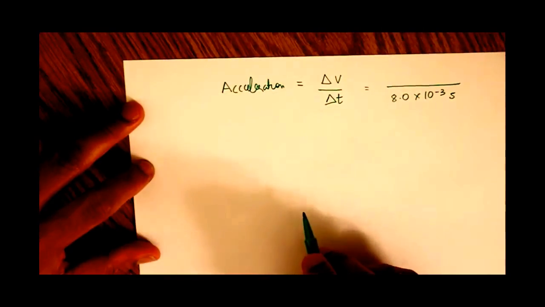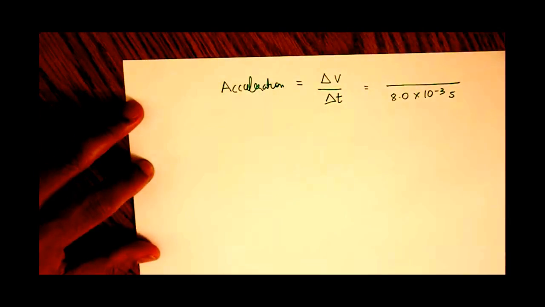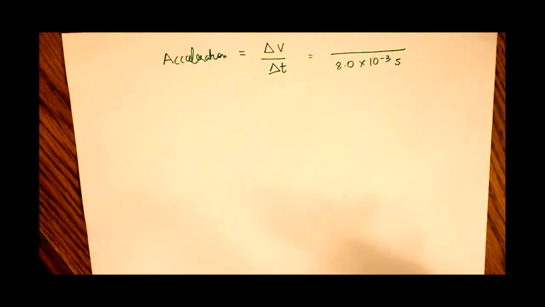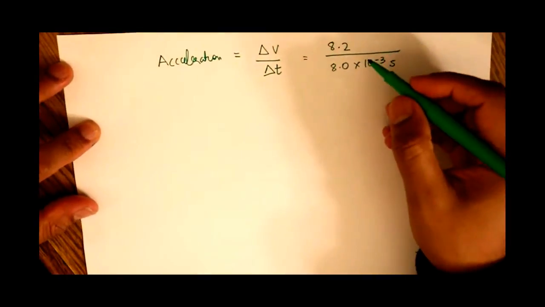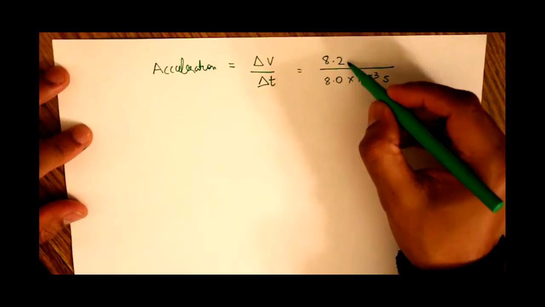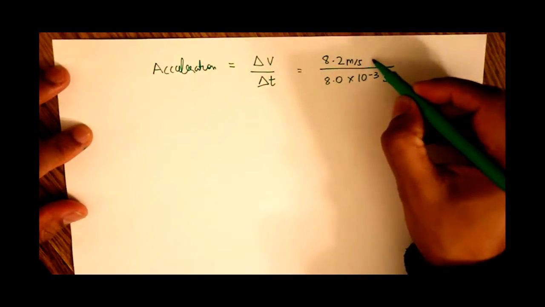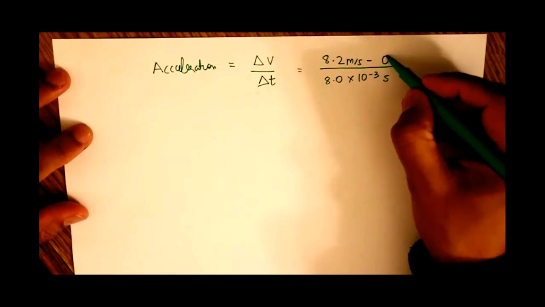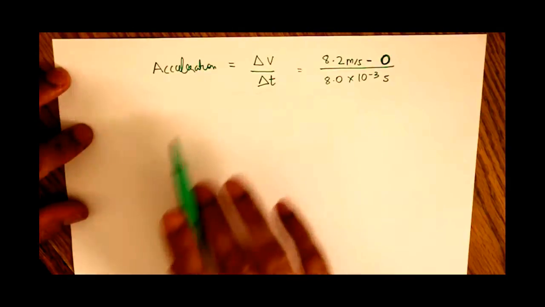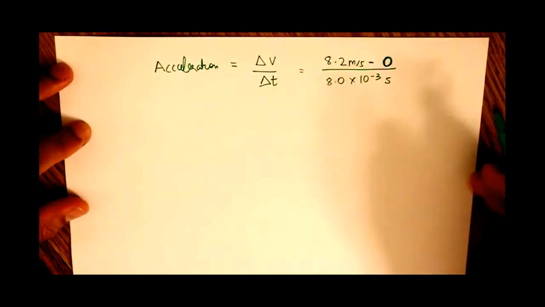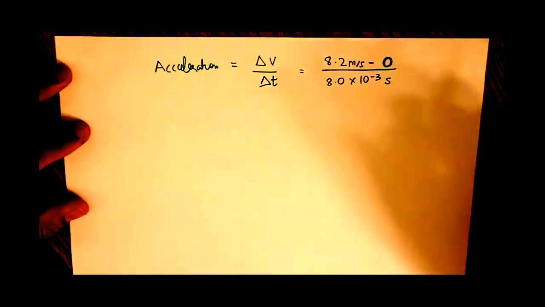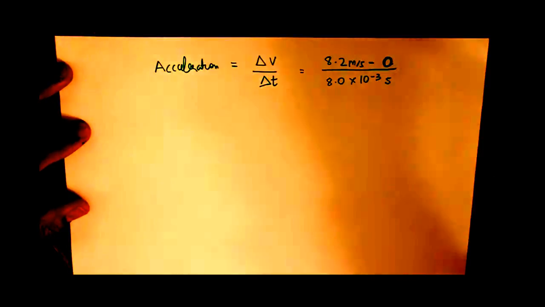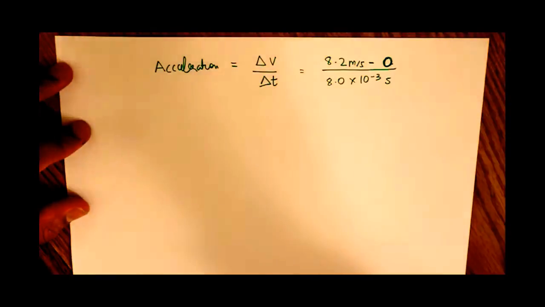And we found from the previous part of the question that the final velocity with the mosquito and the raindrop together was 8.2 meters per second. So 8.2 meters per second minus our initial velocity, which is 0. This is coming from the point of view of the mosquito. If the mosquito is hovering and a raindrop hits it, its initial velocity in the downward direction is 0, because the mosquito is not flying downwards, it's just hovering.